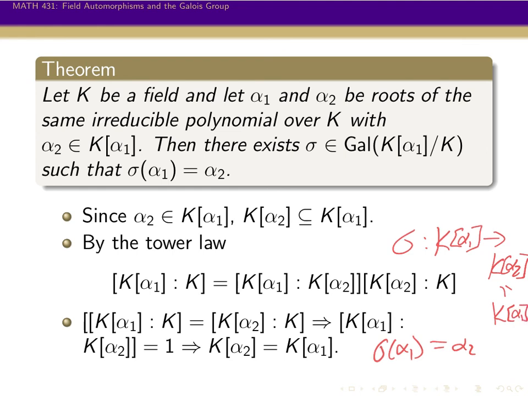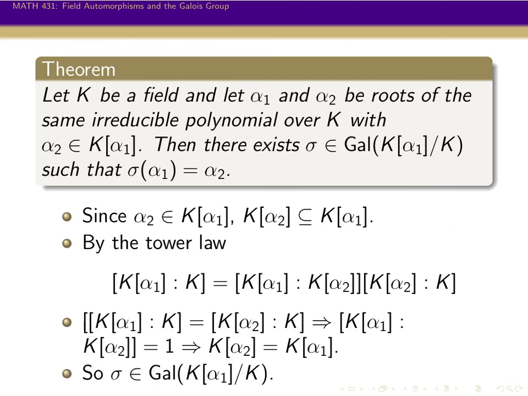Not only are they isomorphic, but they are the same thing. Then sigma really was a K-automorphism to begin with. So this tells us that sigma is in the Galois group of K adjoin alpha 1 over K, and that gives us our existence.